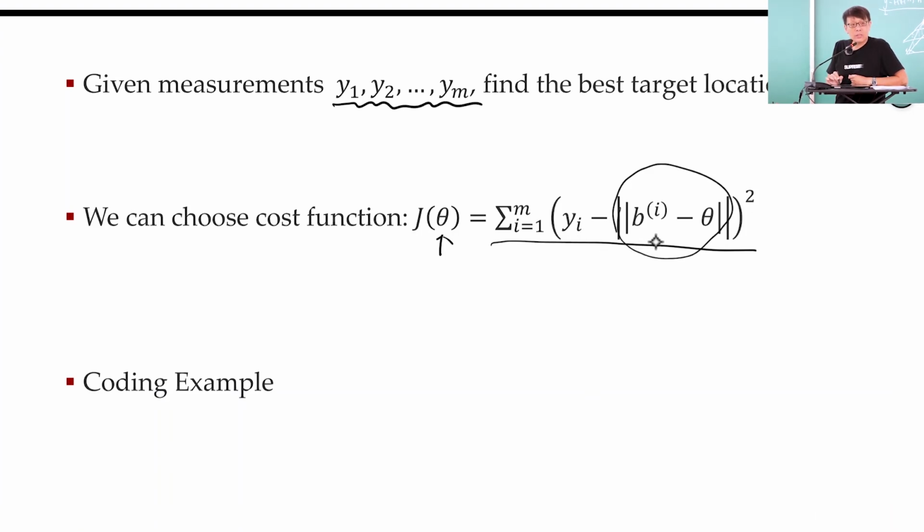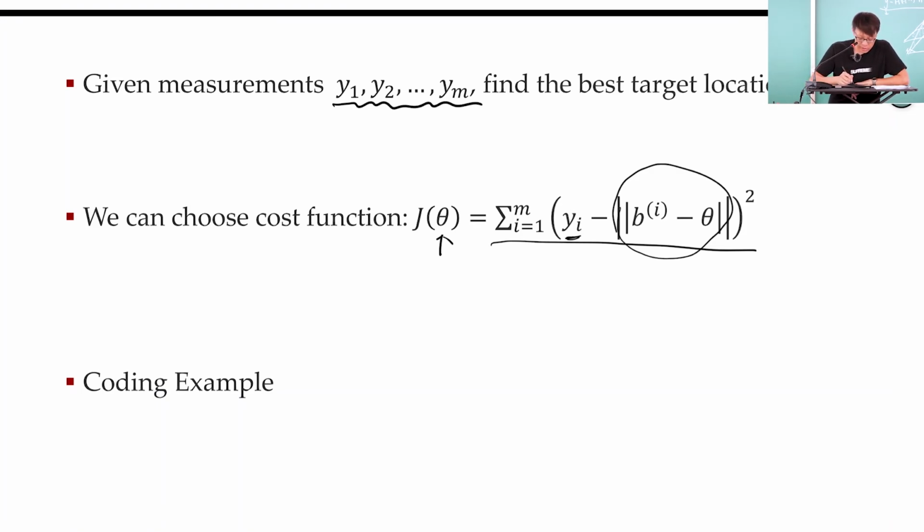If my model is correct, it tells me this is 10 meters away. If this is the location, it returns the true distance from the beacon location to the unknown target location. But I see a measurement y, and I want to minimize the discrepancy between them.